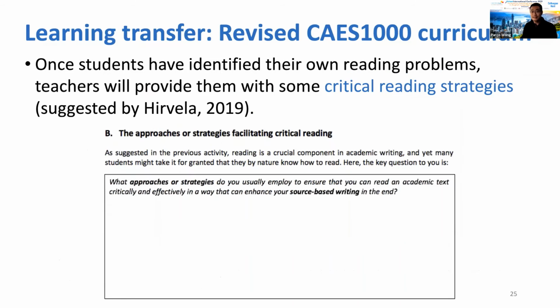Next slide. Then we invite students to explain to us how they read or how they extract information from a text. We also recommend 3 critical reading strategies to students based on the research findings of Avila 2019. Next slide.